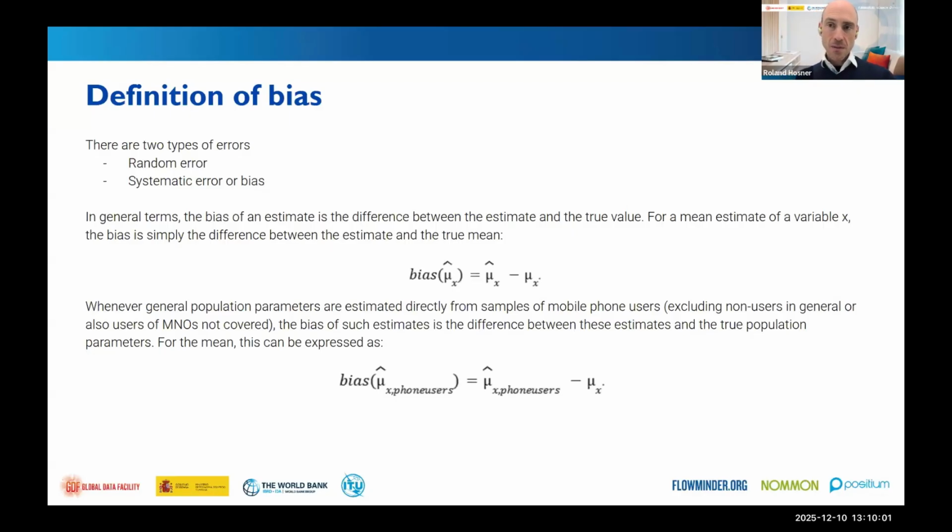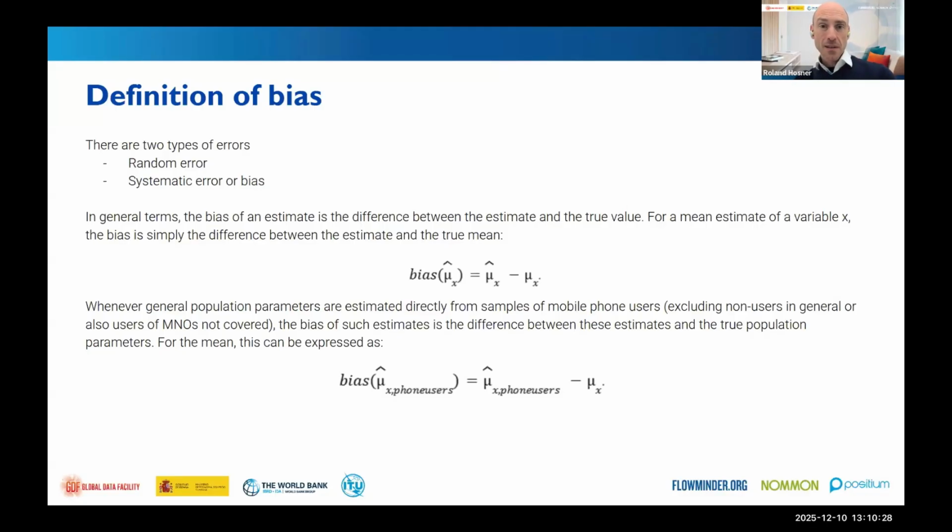We usually assume that the expected random error on average is 0, and there are positive and negative deviations. And we know that the larger the sample size, the smaller the random errors that come from sampling become. So with sufficiently large samples, we can assume these random errors to be small enough to be able to work with unbiased statistics.